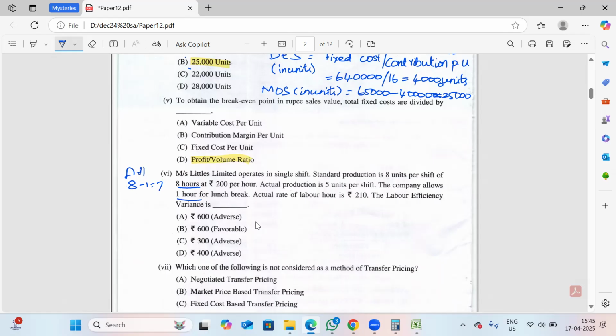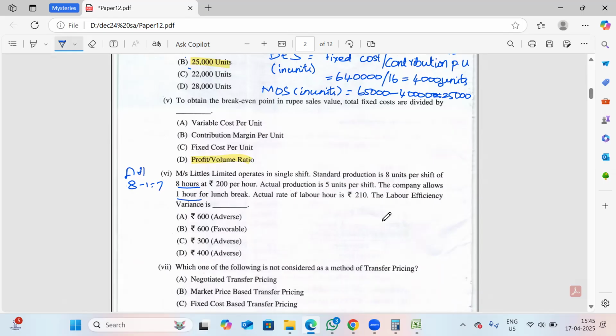My standard hours is 8 hours. Standard production is 8 units per shift, but actual production is just 5 units per shift.